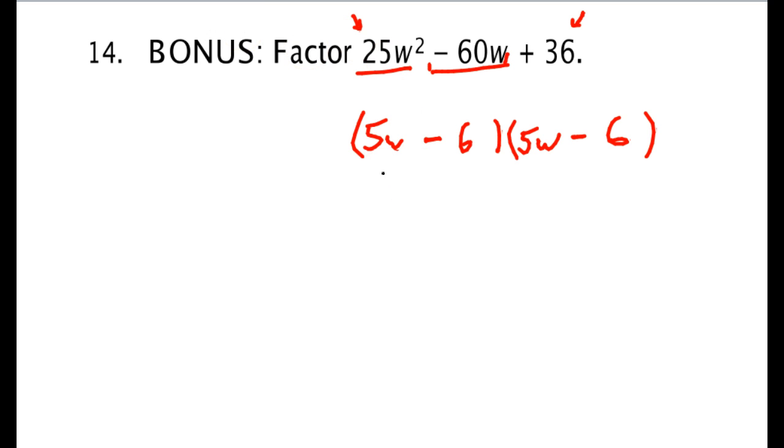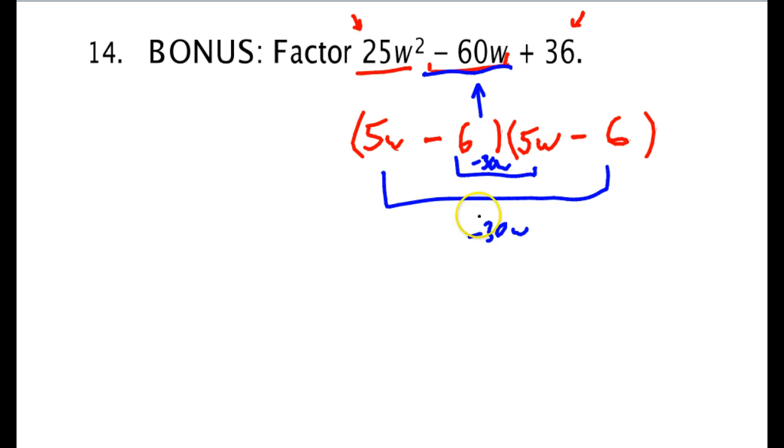I do have to check, though, do these factors right here add up to this? Okay. So the first one, 5W and negative 6, is negative 30W. And the second one is the same, negative 30W. That does make the 60W. So this is a good answer.